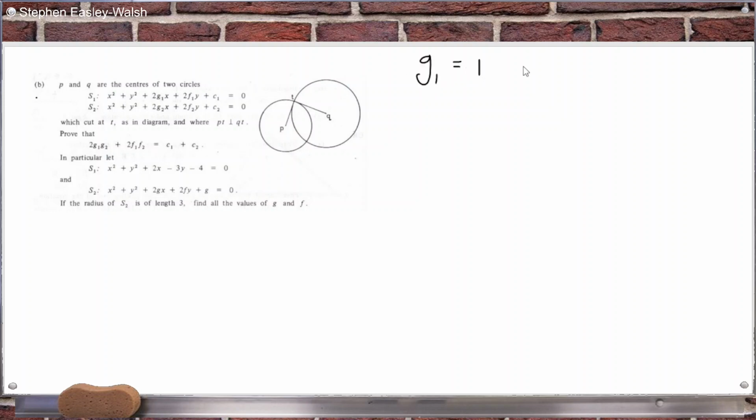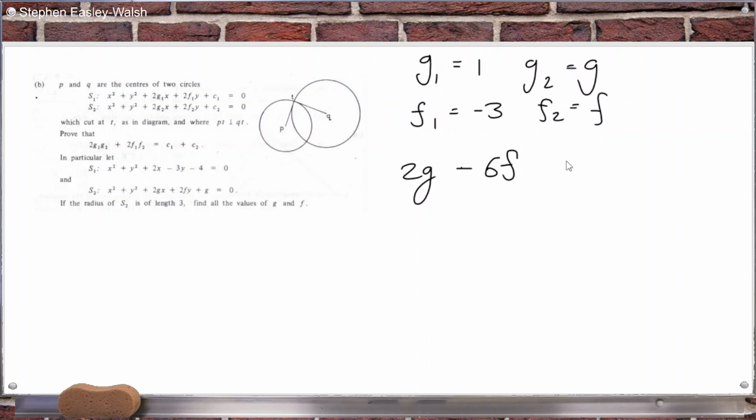G1 is 1 and G2 is G, and then F1 is minus 3 and F2 is F. So using this equation, that would be 2G minus 6F equals C1, which is minus 4, plus C2.